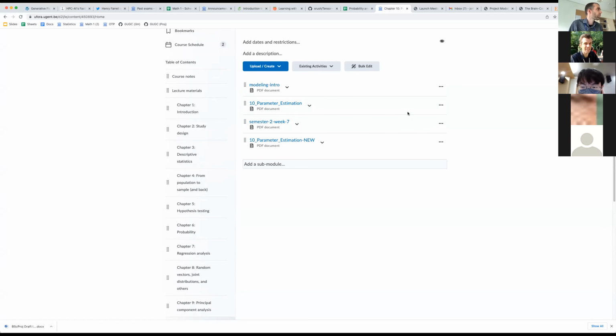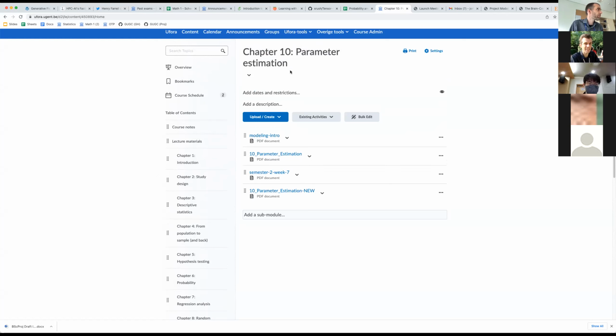You should be able to see my browser. Underneath chapter 10 parameter estimation, in the content section, you should choose the slide deck 10 parameter estimation new, capital new. That's the one to use for today. Okay, so if you have that one, you're good to go. And I will share my screen. All right, there we are.